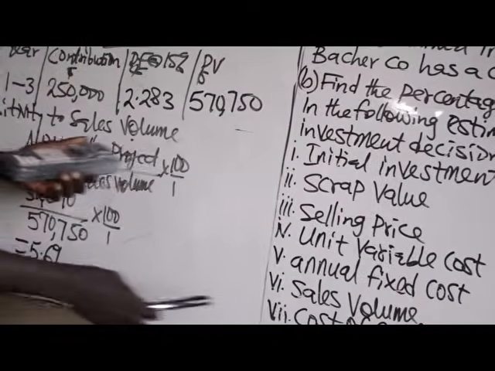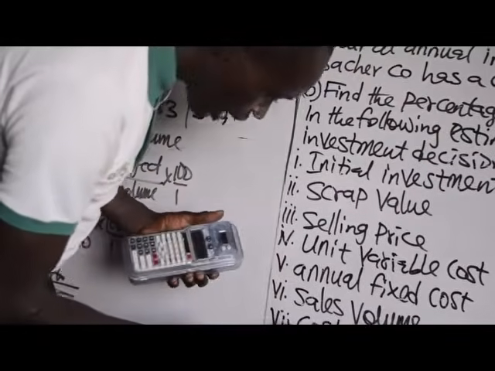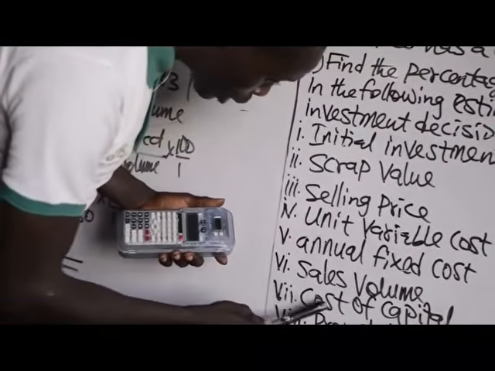That is the requirement 6. The next one, Roman figure 7, is the sensitivity to change in cost of capital.